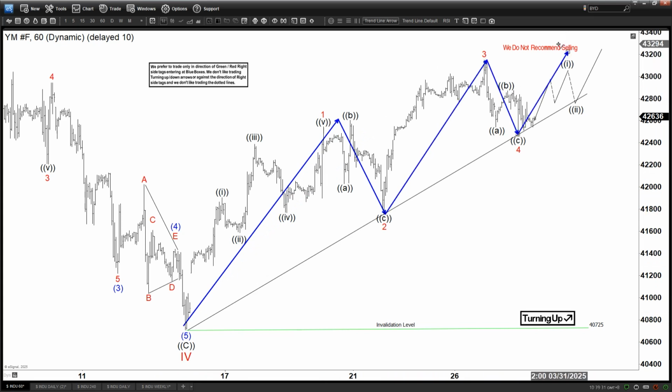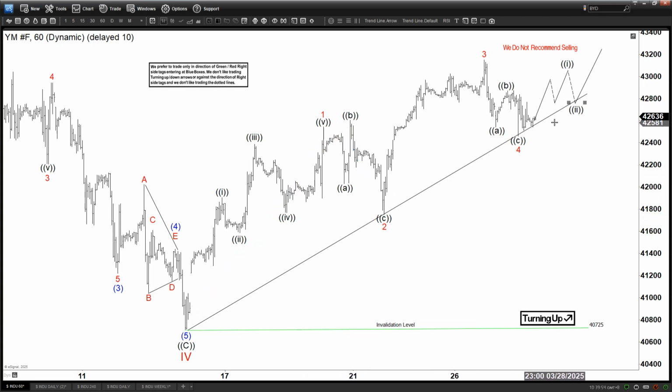A 5 swing is a motive sequence. Now you might say, well, this wave 4 overlaps with 1. Well, that's okay, because the move up can be a wave 1 in the larger degree or a wave A in the larger degree. So overlap is not a problem, as long as wave 5 is going to be shorter than wave 3. As long as wave 3 is not the shortest wave, then that is allowed.